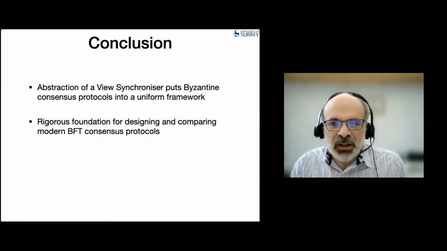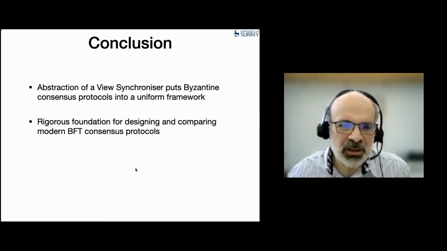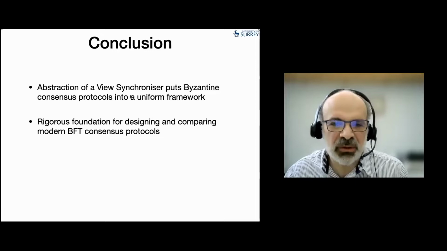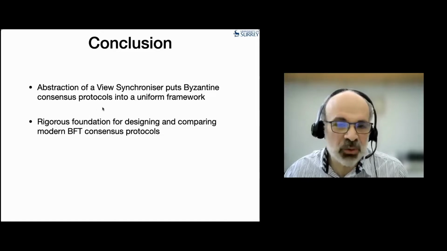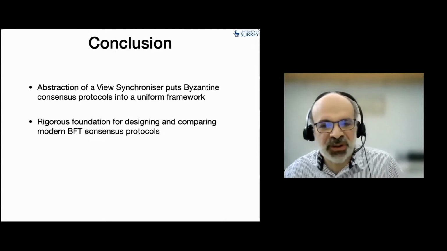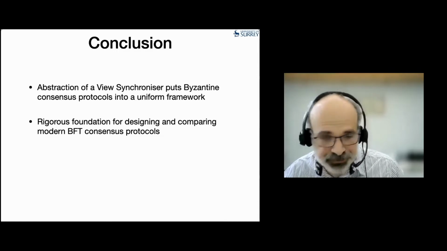So we came to a conclusion. The main point I want you to take away is that this abstraction of a view synchronizer puts Byzantine consensus protocols into a uniform framework. The Synchronizer can be efficiently implemented, and it serves as a rigorous foundation for designing and comparing modern Byzantine consensus protocols.